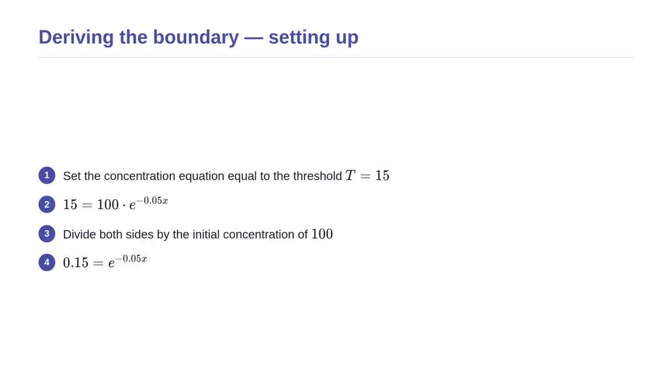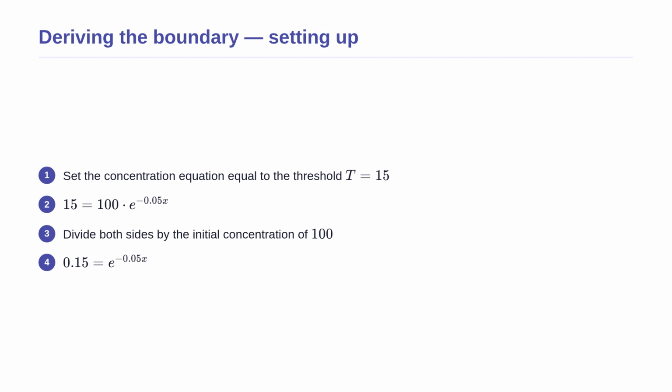To find this exact boundary, we are setting out to isolate the unknown distance variable, x. We start by setting our target threshold concentration of 15 on the left side of the equation. The right side remains our standard exponential decay formula, with the initial concentration of 100 and the decay constant of 0.05.